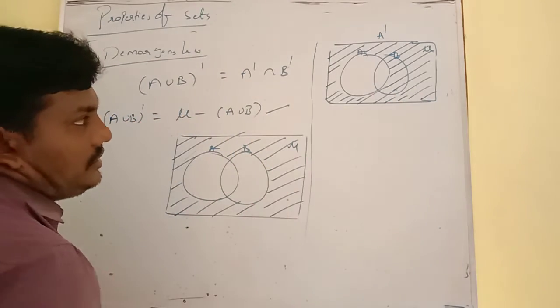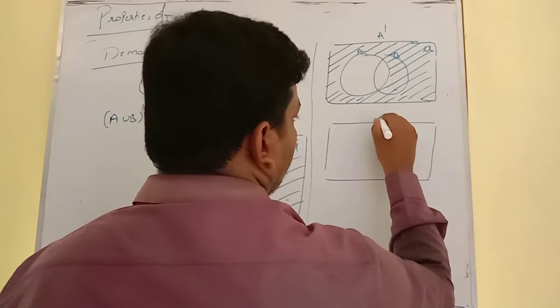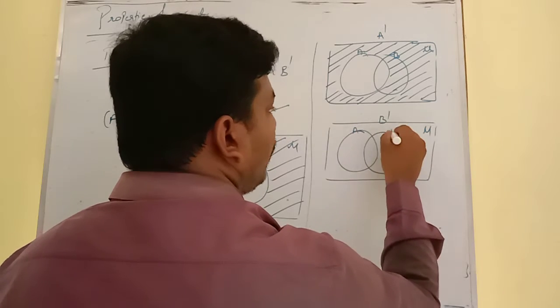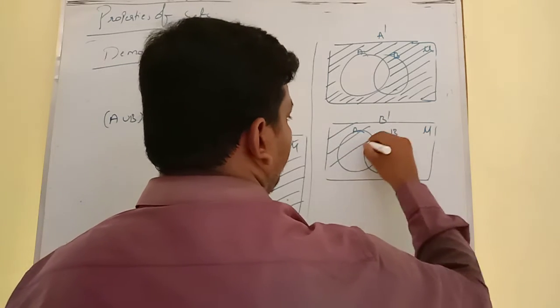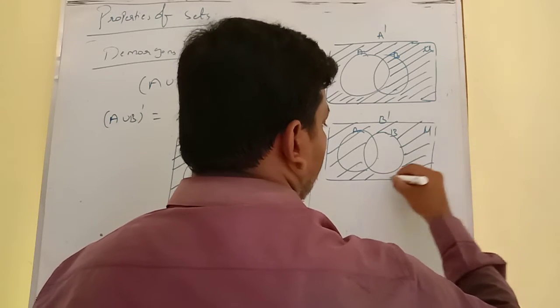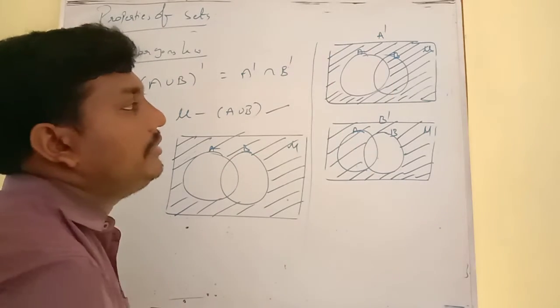This is called A dash. Now what is B dash? B dash is nothing but except B, you consider the remaining portion. This is called B dash. So now A dash intersection B dash.